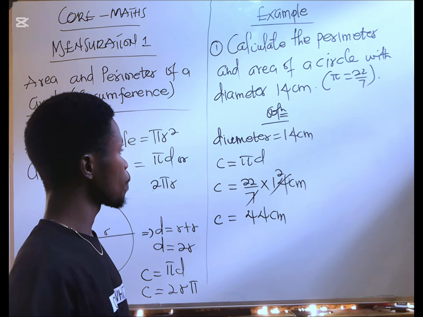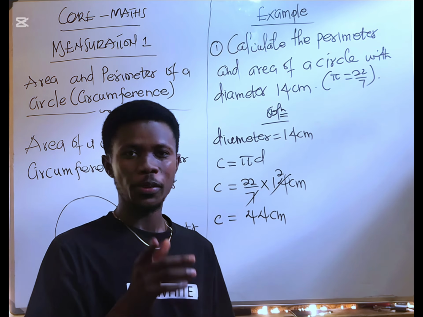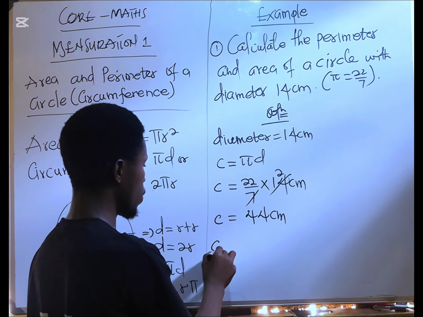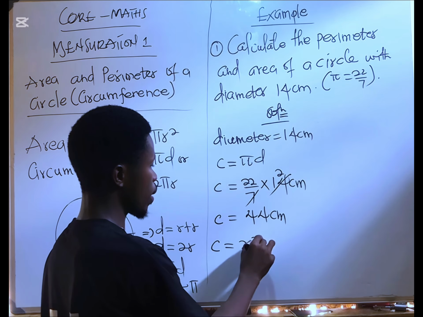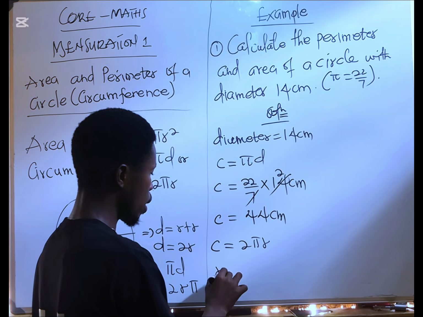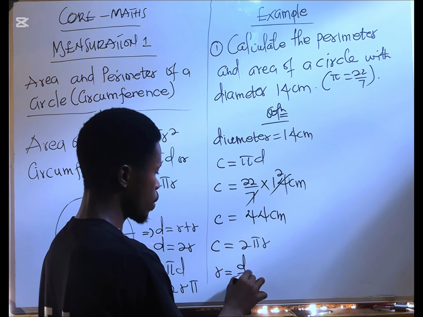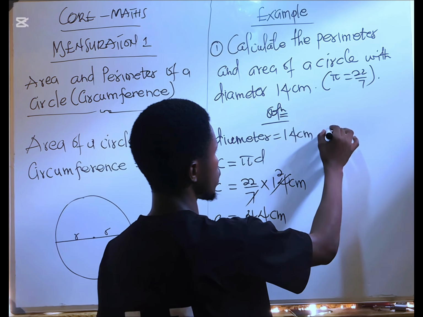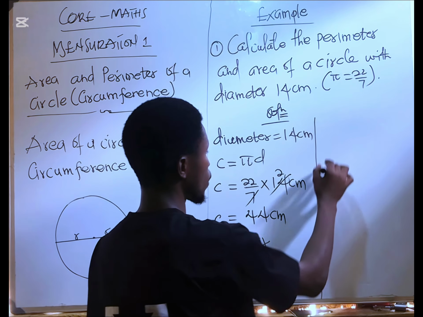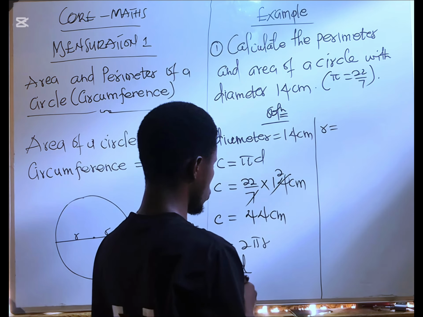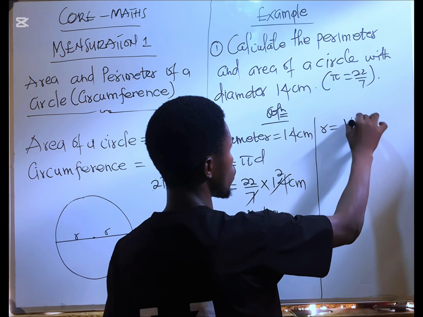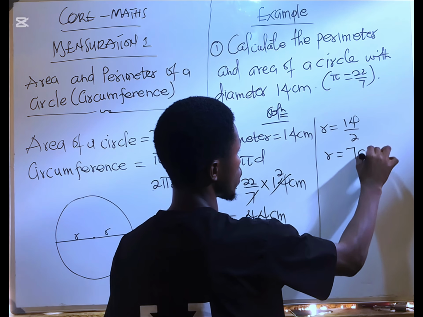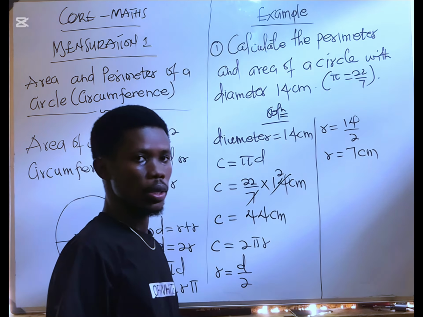Is that okay? Good. Now let's assume that you want to use the radius instead. That is when you use the formula circumference equals 2 pi r. It means that we need to get our radius from diameter over 2. So our radius is 14/2, which will give us 7 centimeters. Is that okay?